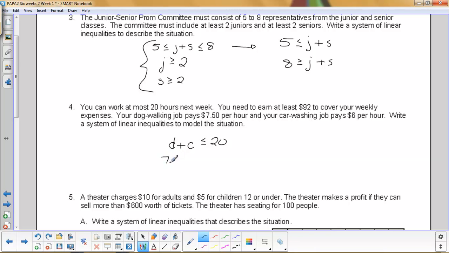If you get paid $7.50 for walking dogs and you get paid $6 for washing cars, that means that you need to earn more than $92, because it says at least $92 to cover your weekly expenses. And there is your system of linear inequalities.